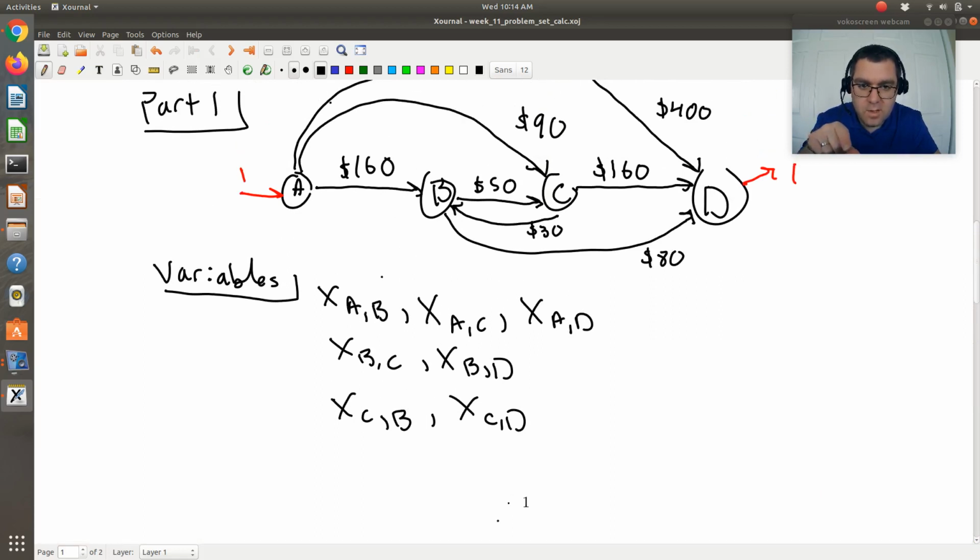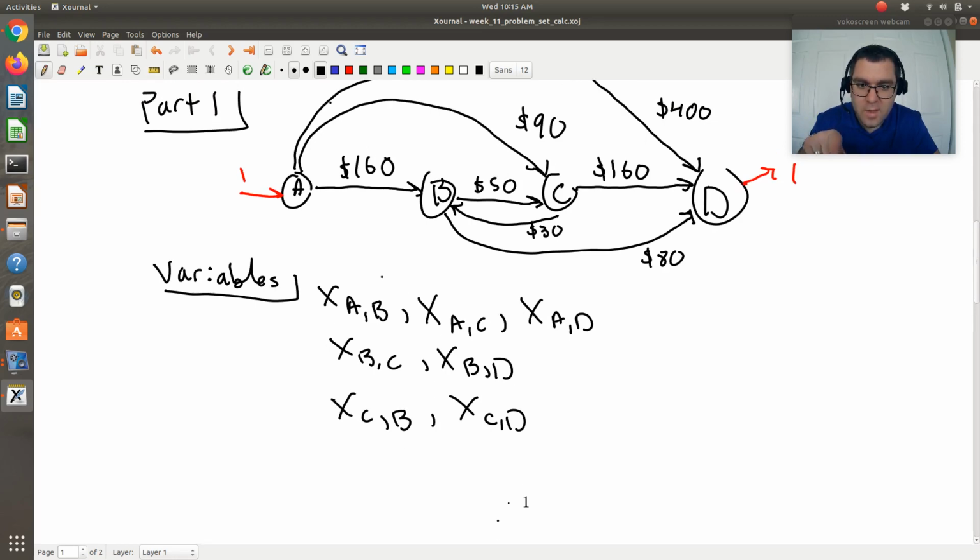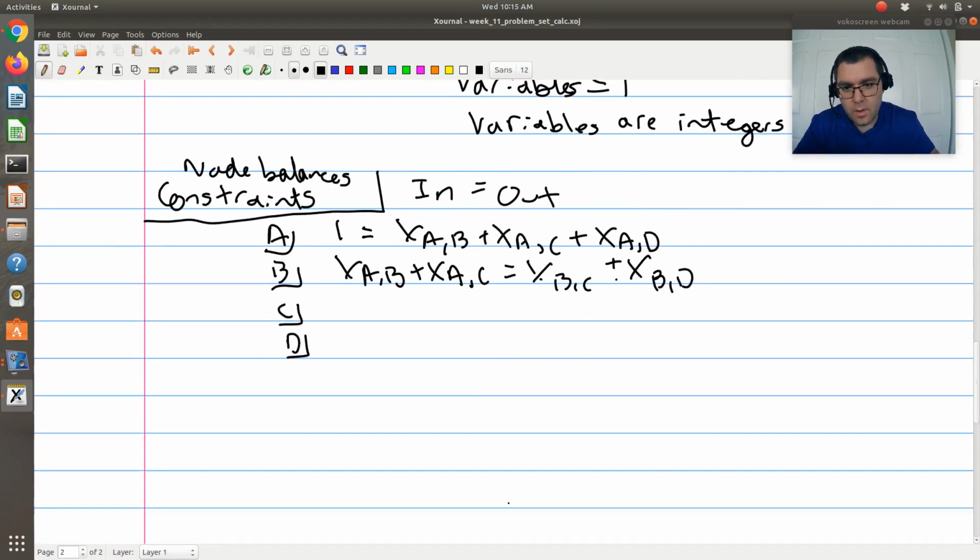Now if we go to C, we have flights arriving from A and B and leaving to go to B and D. I'm just trying to make sure. For B, I see 4 lines; for C, I have 4 lines. So coming in is from B and A: XAC plus XBC.